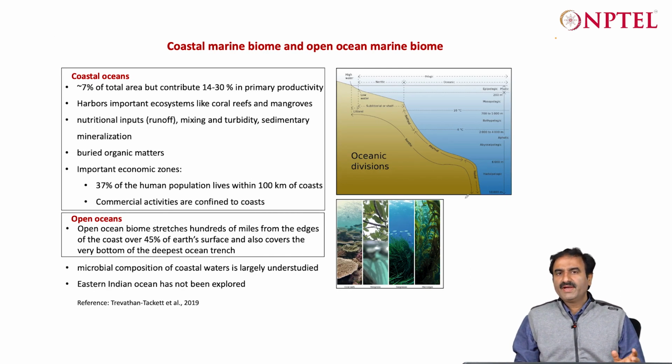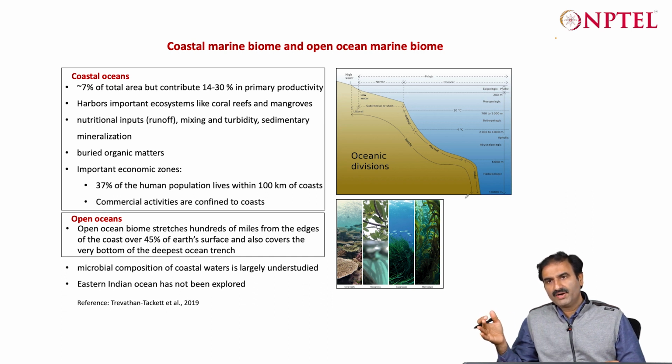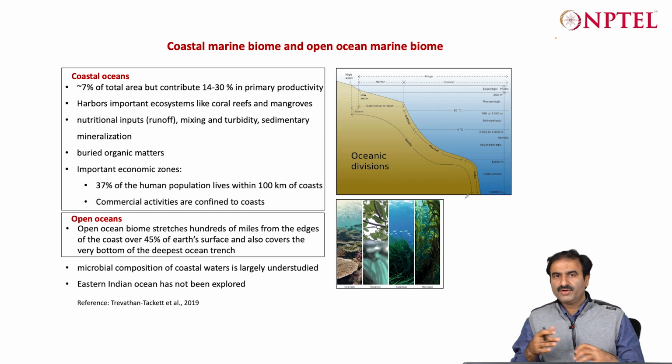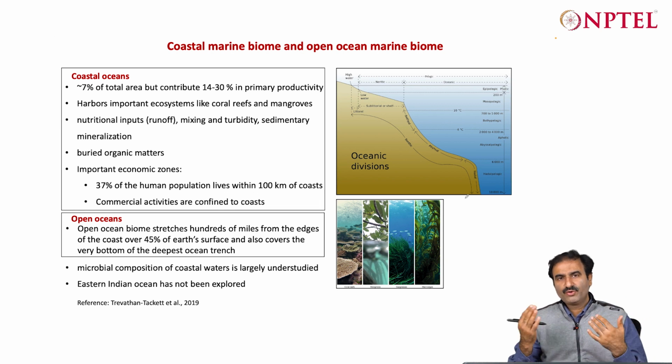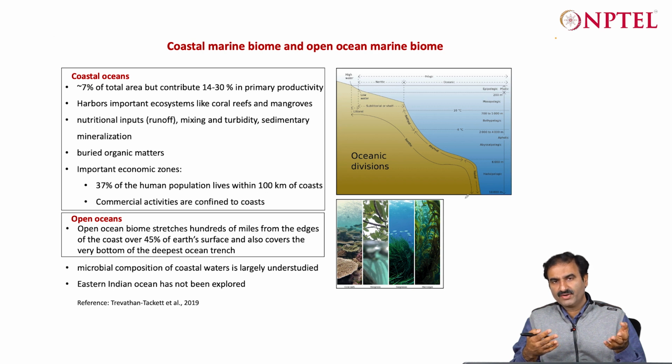So the ocean microbiome can also be from the open ocean, which means you go further down in the ocean, or it could be near the sea or the coastal area where human activities are greater. These microbiomes will be very different, and the coastal microbiome will tell you about implications for health because it is more exposed to human activities, and effluents and many other things go into those microbiomes.